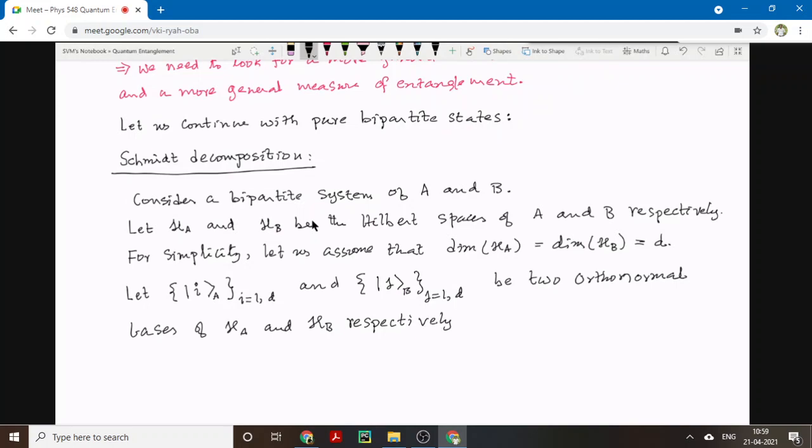So we're working with qubits? Not necessarily, D-dimensional systems. This is of HA and HB respectively.